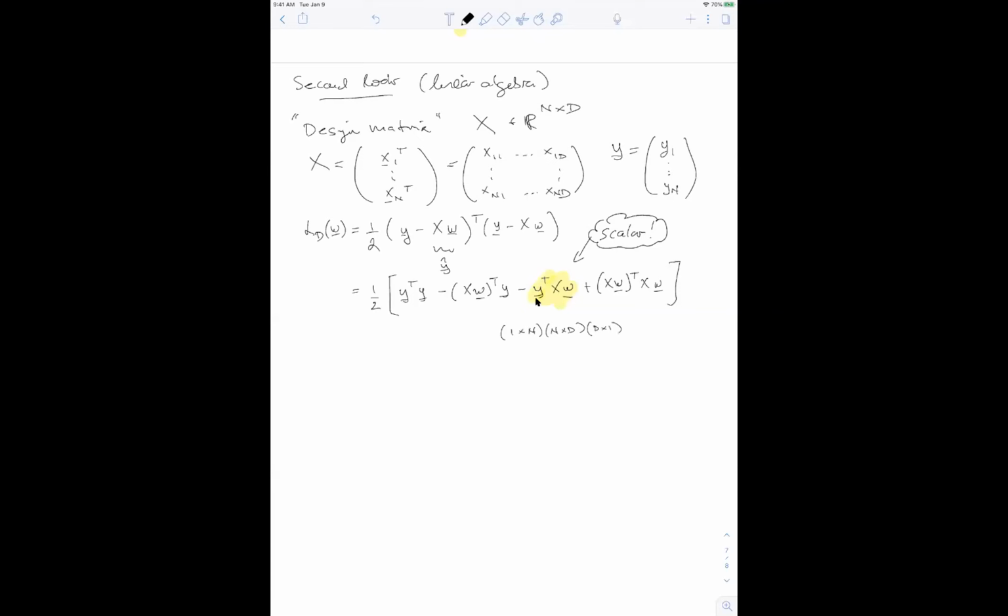Because it's a scalar, you can take the transpose. The transpose of a scalar is the same thing. So what I can do is take the transpose of this, and then actually it's equal to this. If you think about it, you get the same thing. So then I can simplify everything and just write all of this.